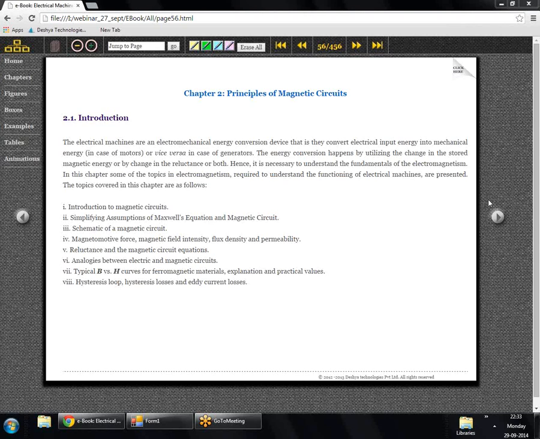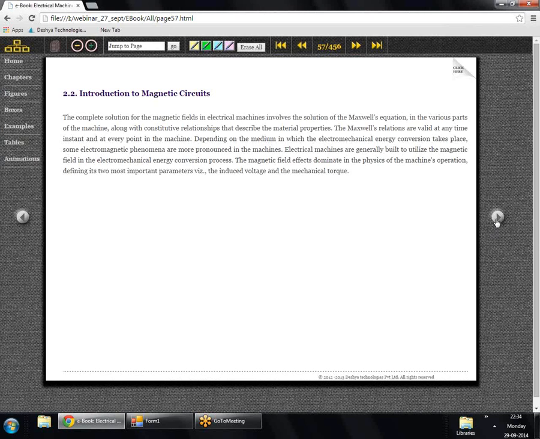We will also see some other characteristics of magnetic circuits such as the BH curves and the hysteresis and eddy current losses. So let's just start with the magnetic circuits.